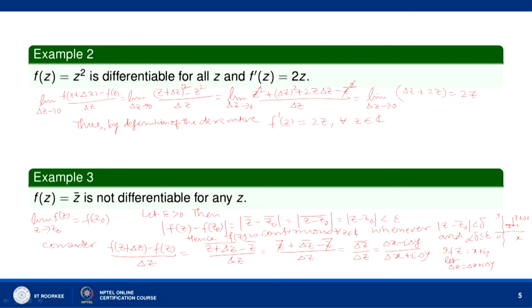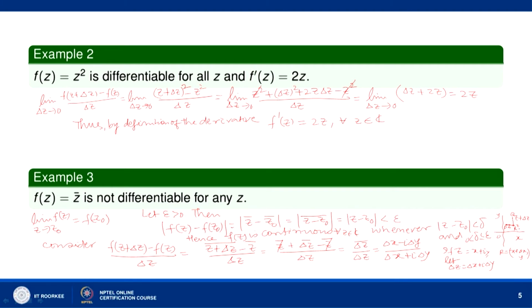If this z is (x, y), this point is (x plus delta x, y). So, when we reach here, this is suppose P, this is Q, and this is R. So, the coordinates of R are x plus delta x and then y.